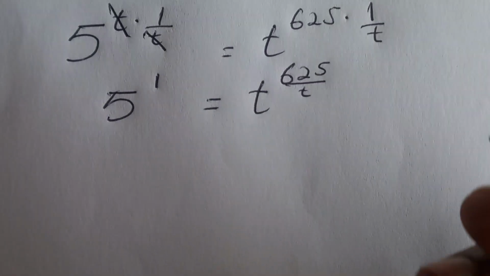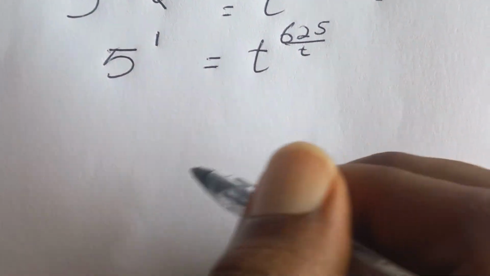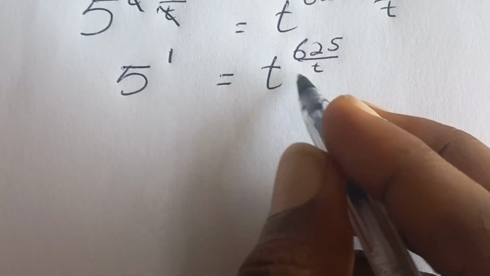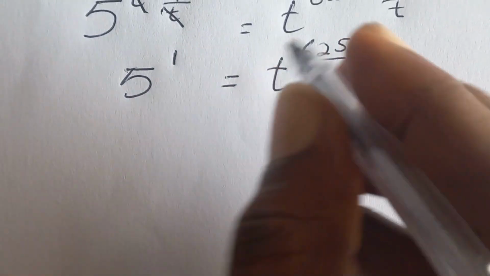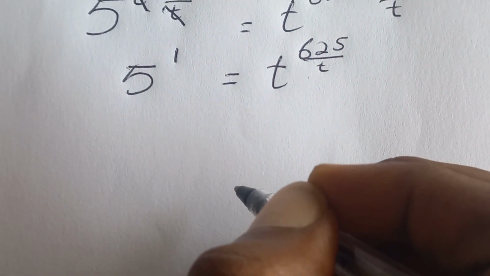Like this. Now, with this, let us again multiply both exponents by 1 over 625.